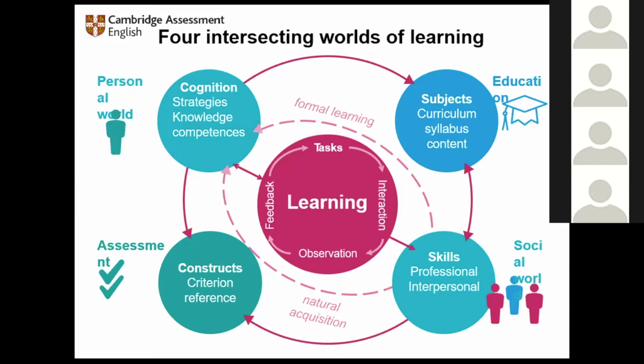To summarize then, we've got four intersecting worlds that we deal with in an online environment. We've got the personal world, the educational world, the social, and the assessment. And learning then is the direct and indirect interaction between these four realms.